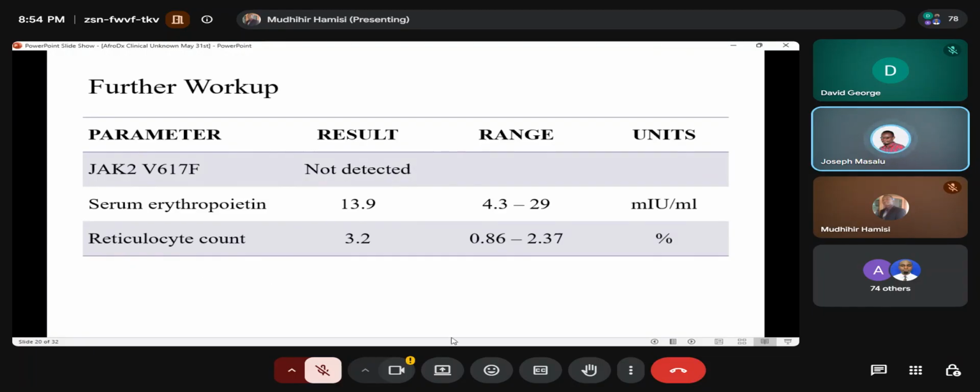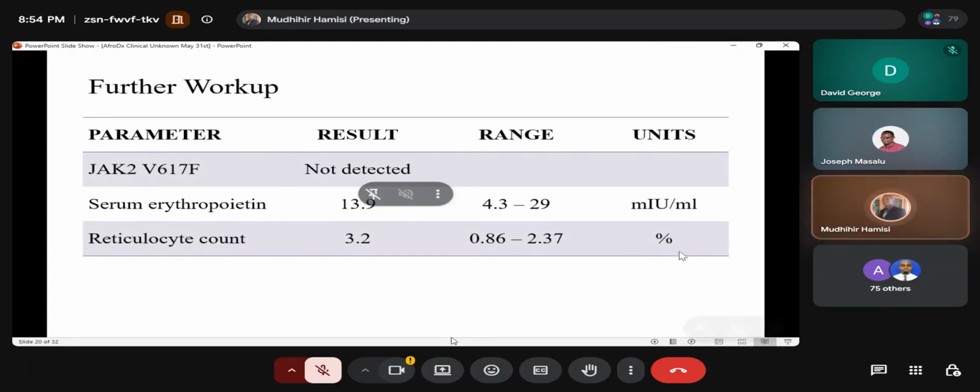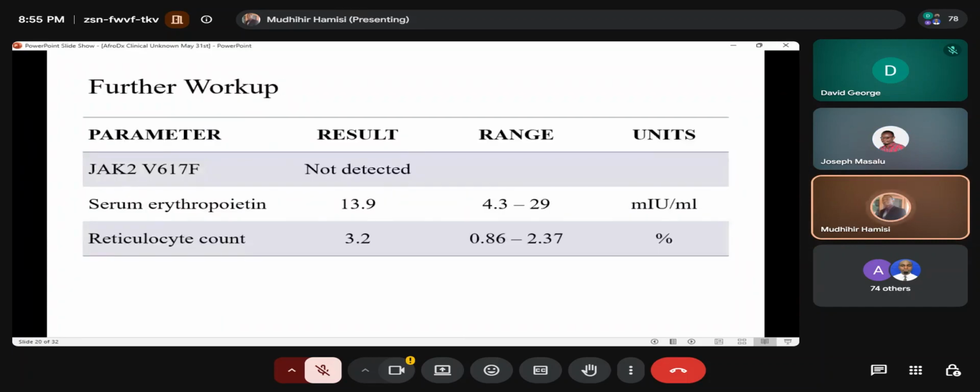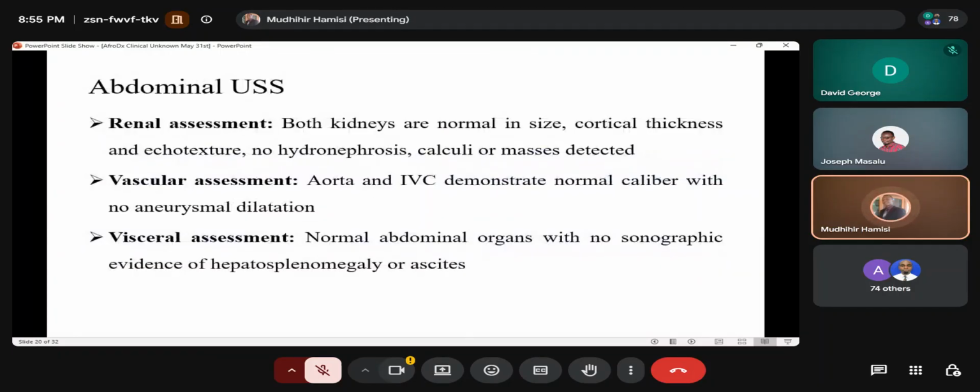Is this the end or? No, however, we didn't do an MRI because the patient was somehow severe. So from this, we can say the patient is having a secondary cause of polycythemia. We also did an abdominal ultrasound.